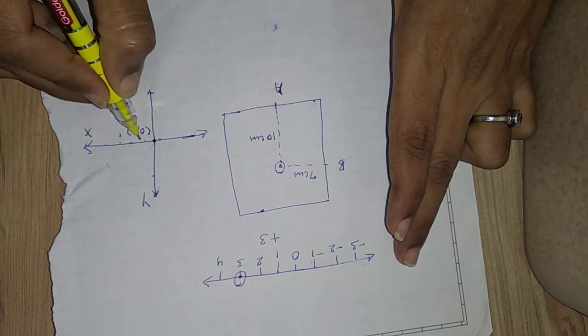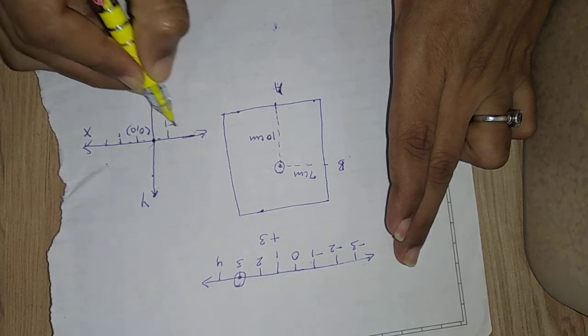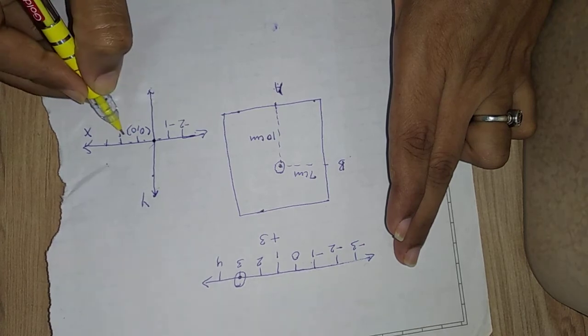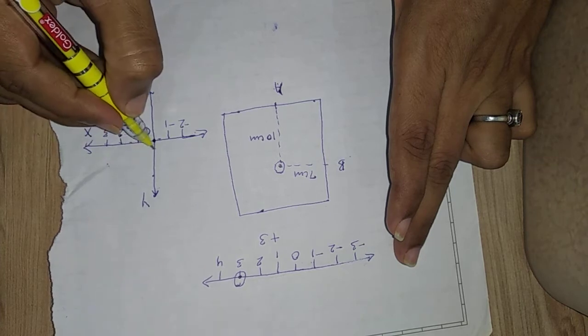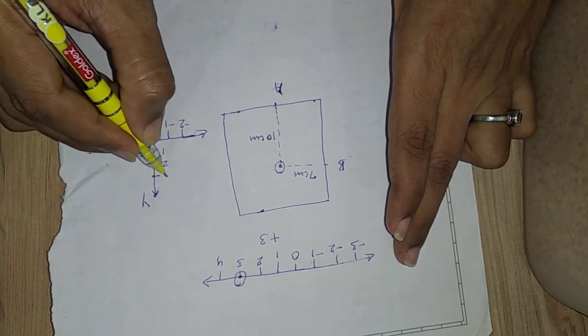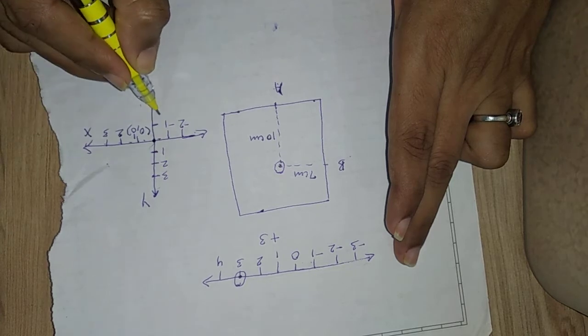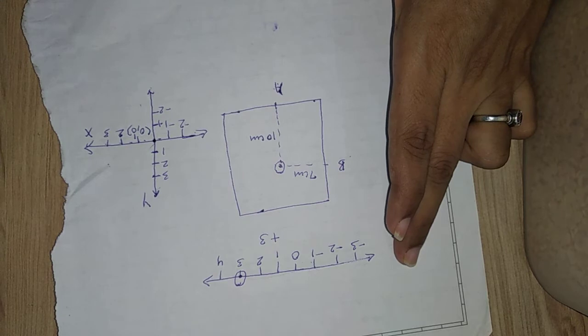Towards the right side we represent positive numbers. On the left-hand side we represent negative numbers. Similarly on the y-axis, the upward side is positive and the downward side is negative numbers.